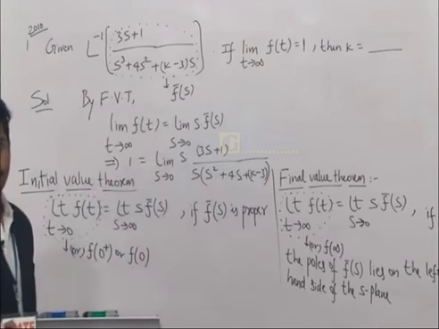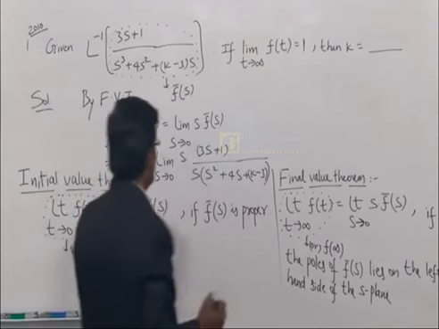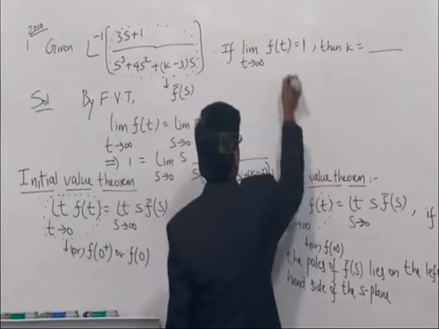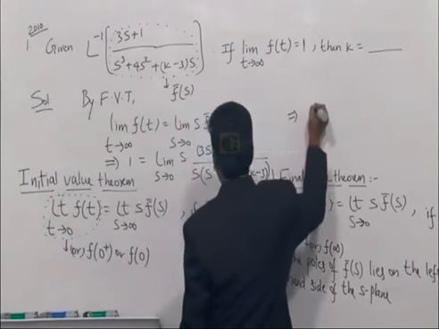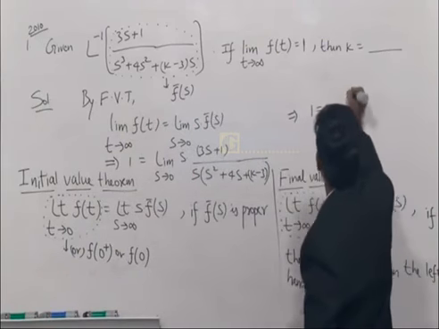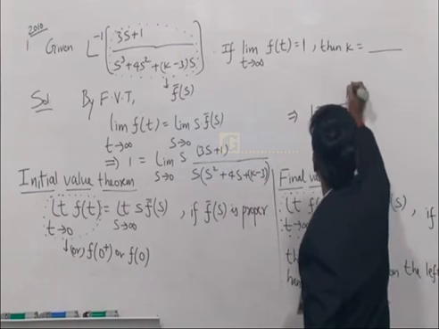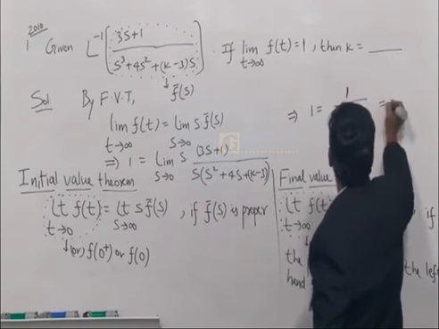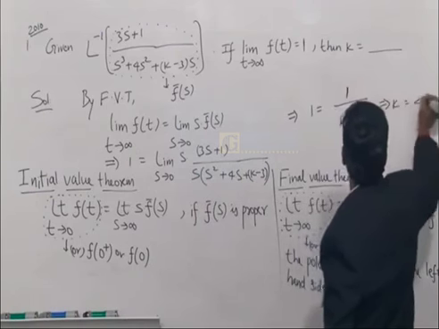Now this implies 1 is equal to, after cancelling s and then substituting s is equal to 0, 1 over k minus 3. From this, k is equal to 4.